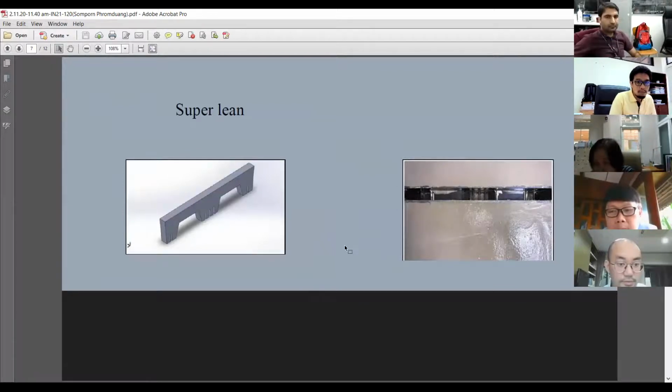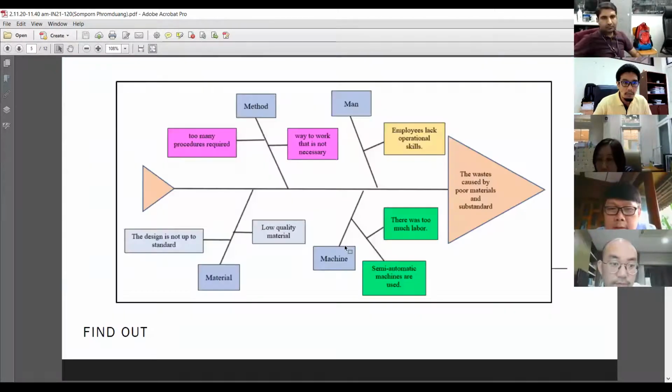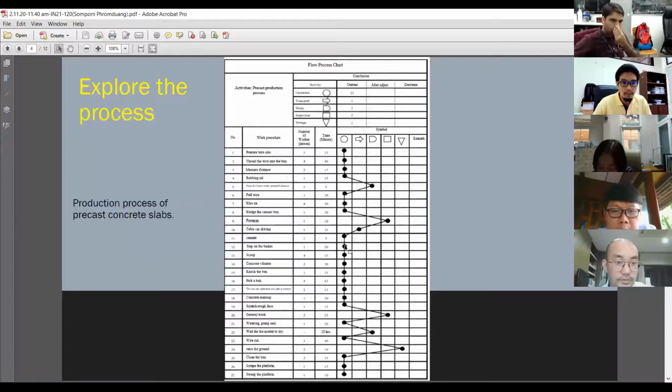ECRS, in my understanding, is eliminate, combine, rearrange, and simplify. What kind of element did you use? Simplify. And in your flow process chart, which work element did you apply the new design to? This is the wire cut method, and this is the main job, and there is a minor job in this set.